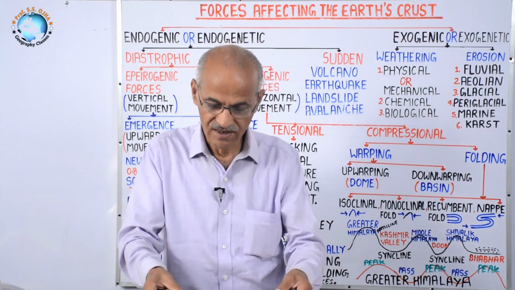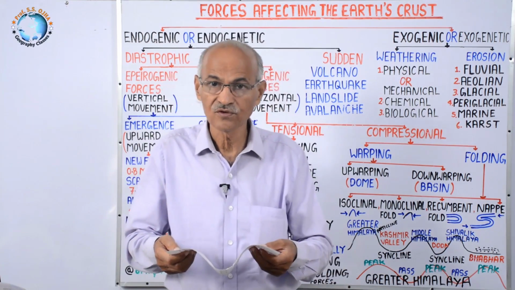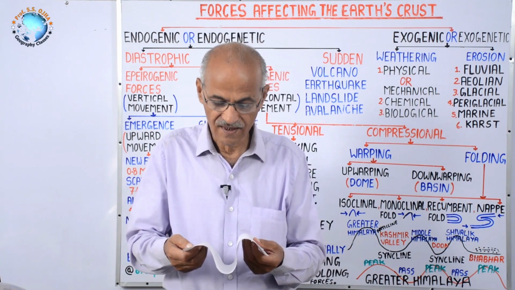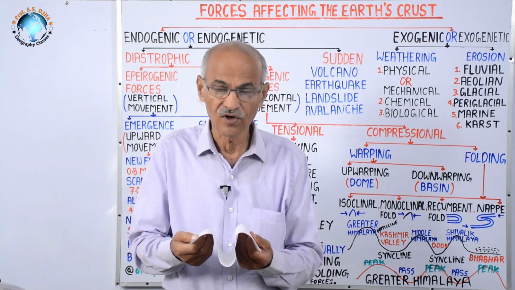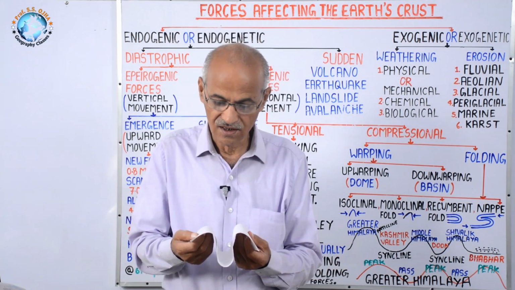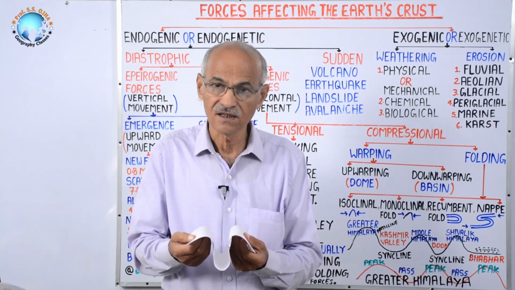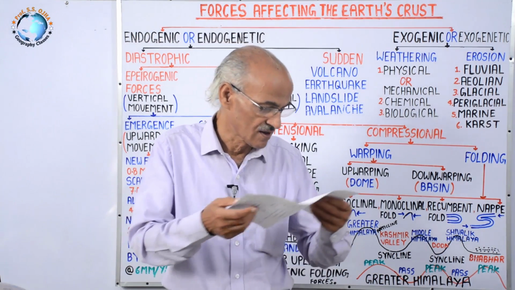And when that material comes up, this is called folding. Suppose force is coming from two sides this way, then you are seeing that some part is being folded up and some part goes down, and this is called anticline and syncline. This is not warping. Warping is of hard rock, while folding is of soft rock.